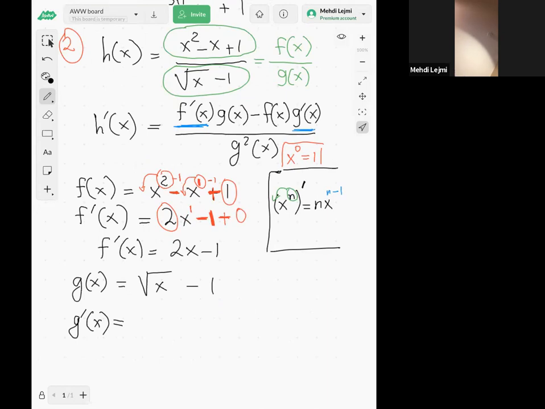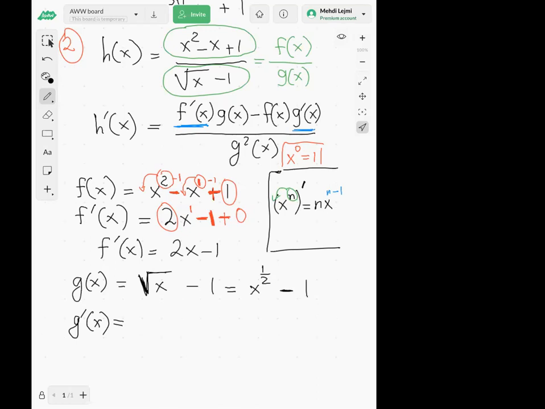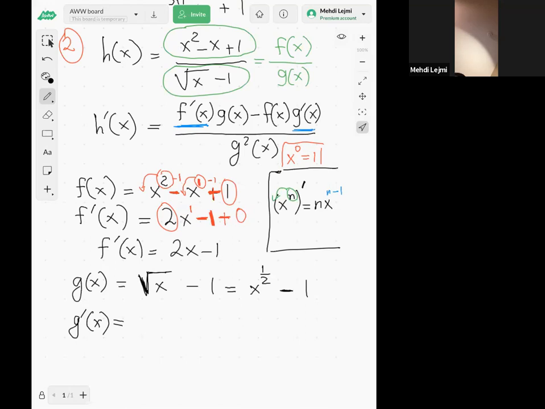Remember, guys, this is square root of x. We can write square root of x as x to the power 1/2, right? So that's x to the power 1/2 minus 1. So 1/2 times x to the power minus 1/2. Yeah, to the power negative half.